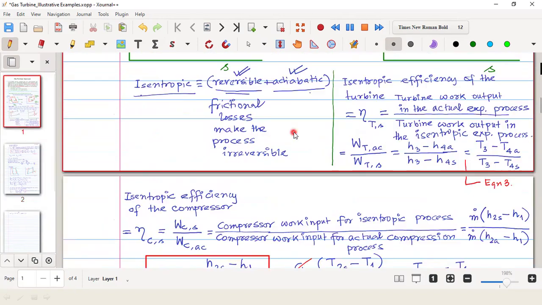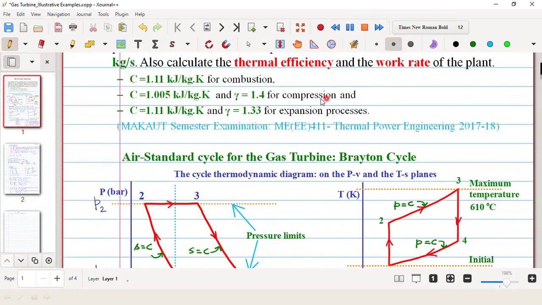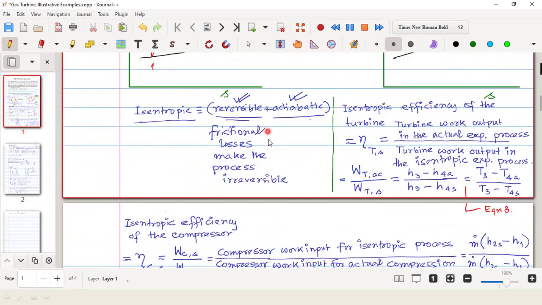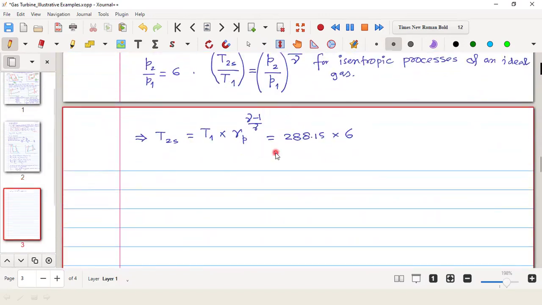Gamma for the compression is 1.4. So it will be 6 to the power 1.4 minus 1, that is 0.4, divided by 1.4. If you calculate, it will come to be 480.78 Kelvin.